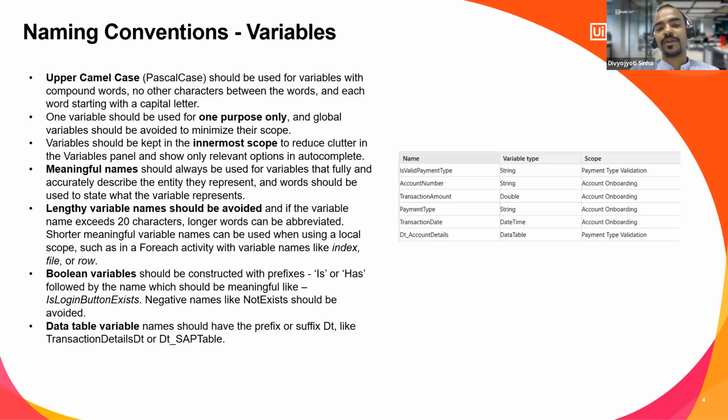Let's say you are building a for each activity, and inside that, there can be variable names like index parameter or file. You are iterating through multiple files in a for each loop. So just give a valid naming convention, which is meaningful, so that other developers, whenever they see your code, can understand what that variable is doing in that automation workflow, right?